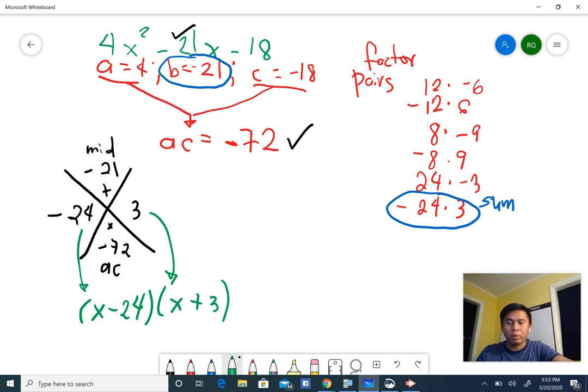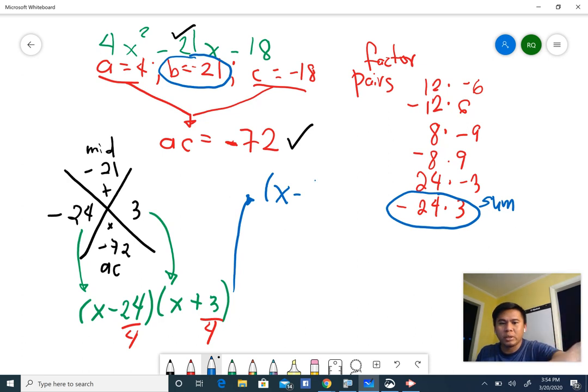What we're going to do right now is to divide both of these by A, which is 4, and simplify these two numbers. 24 over 4 will be 6, and 3/4 is already in its simplified form.